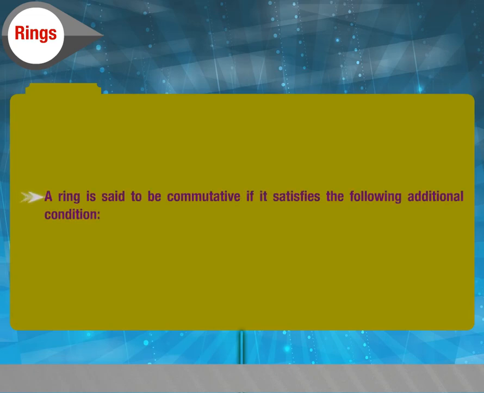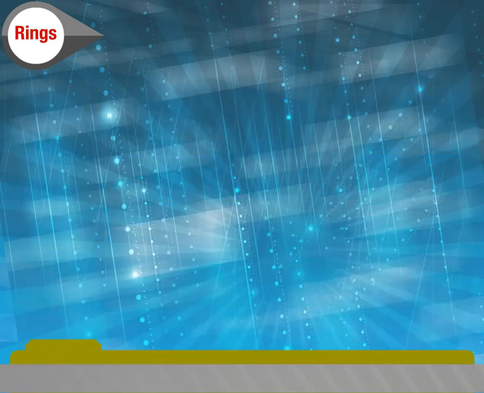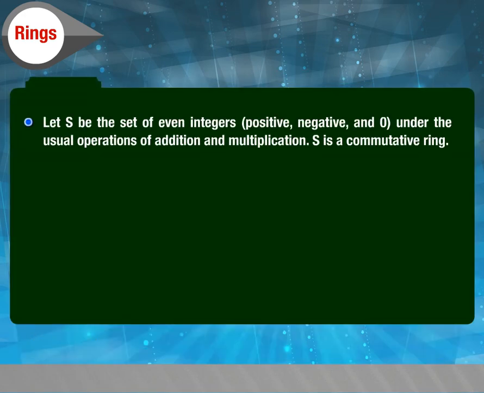A ring is said to be commutative if it satisfies the following additional condition. M4. Commutativity of multiplication. A into B is equal to B into A for all A, B in R. Let S be the set of even integers, positive, negative and 0, under the usual operations of addition and multiplication.